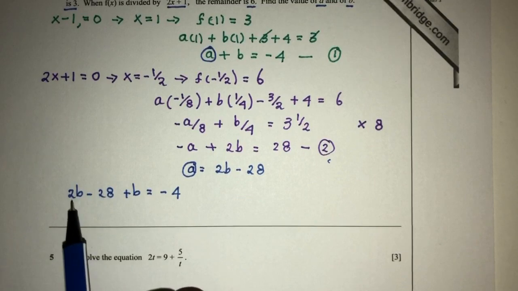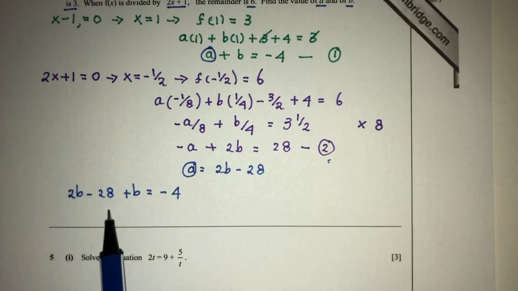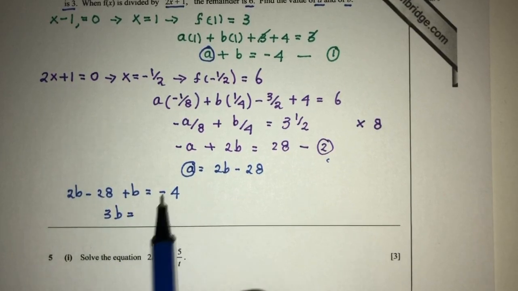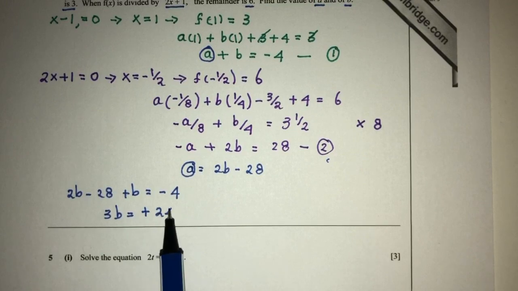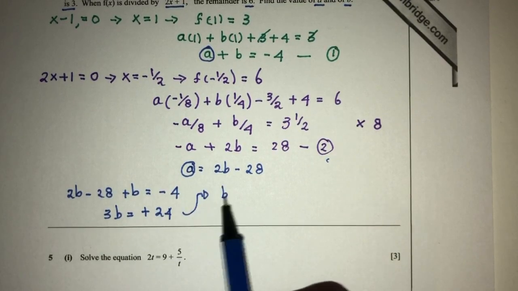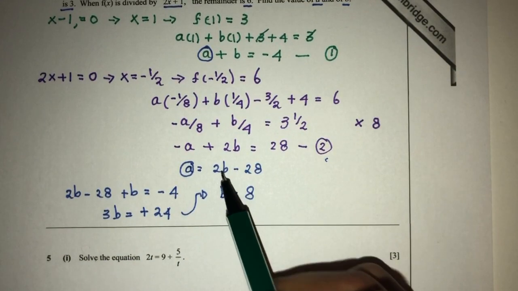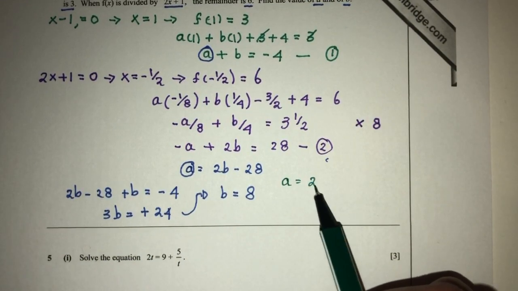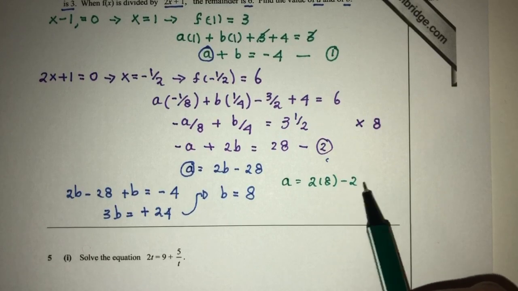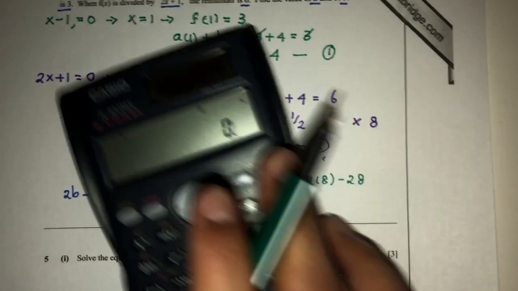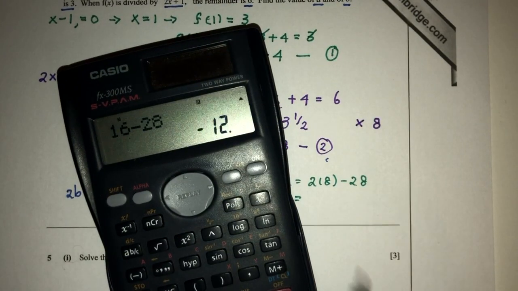Right? This will become 2b plus b, which is 3b, and that will be plus 24. From this, you will have b has to be the value of 8. And finally, replace back the value of b in here. You will have a has to be 2 times b minus 28. That will give you what? 16 minus 28, that will be minus 12.